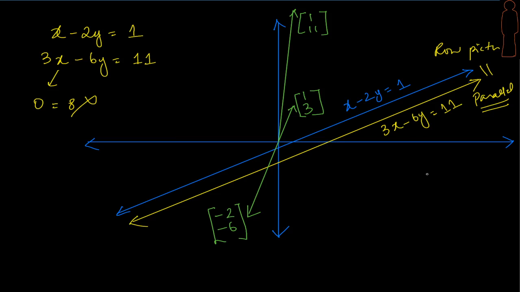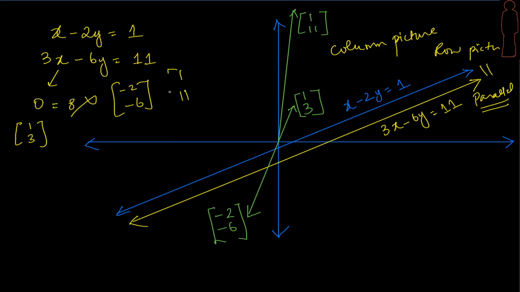Great. What is another interesting phenomenon in picture representation is that in this case we can also look at the column picture. So here I have the vector which is 1, 3, another vector here which is minus 2, minus 6, another vector, the right hand side one is 1, 11, right? So let's look at the diagram in green here. That's the column picture.